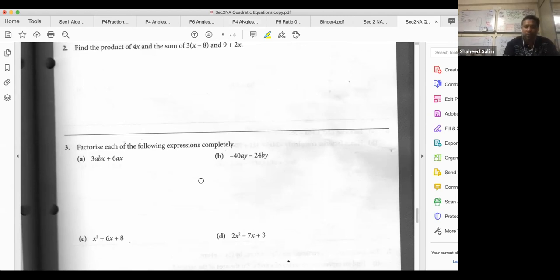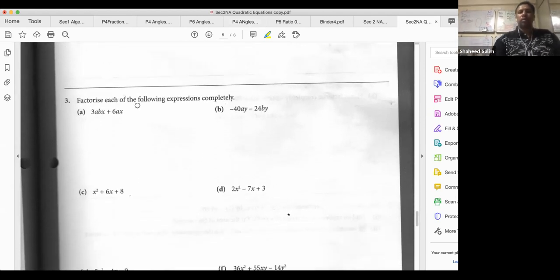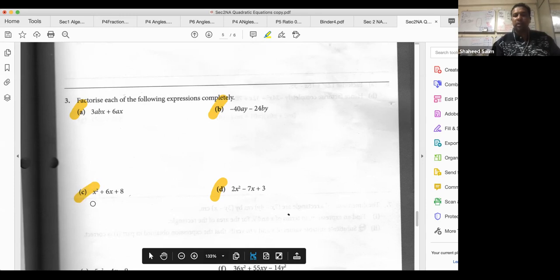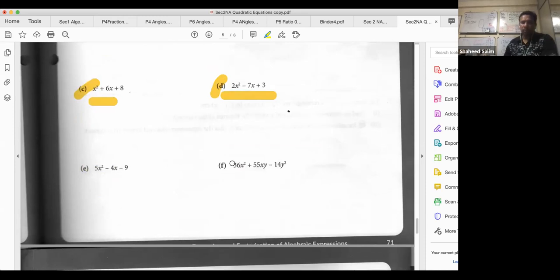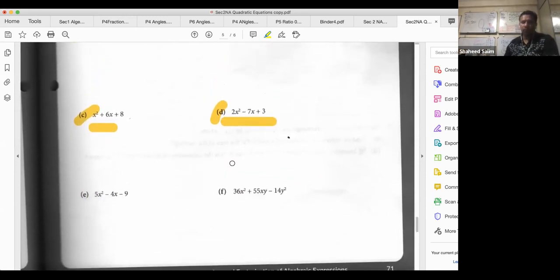Okay, let us revise question 3. So this is revision. Revise question 3. Okay, this one you need to do completing the square, the one I underline. This one, not completing the square.